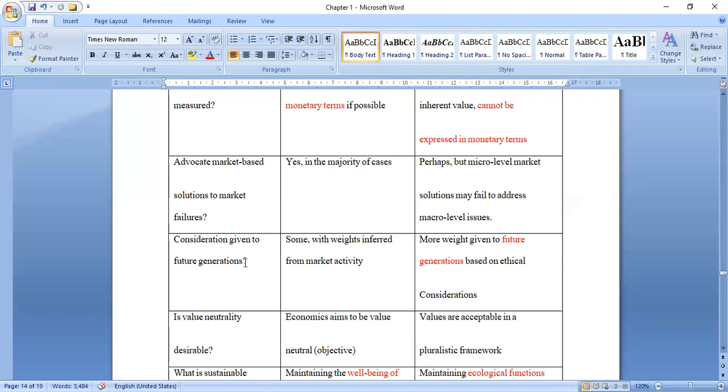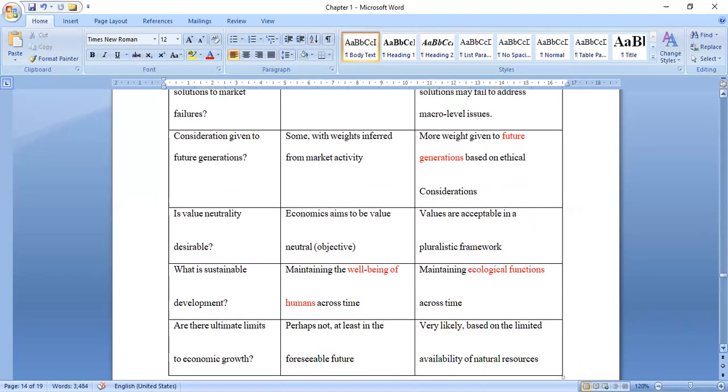Then in terms of considering future generations, the environmental economists may not really give so much weight to future generations, whereas the ecological economists attach value to future generations. We've already seen that ecological economists are ecocentric in nature, literally meaning that they put nature at the center of analysis.